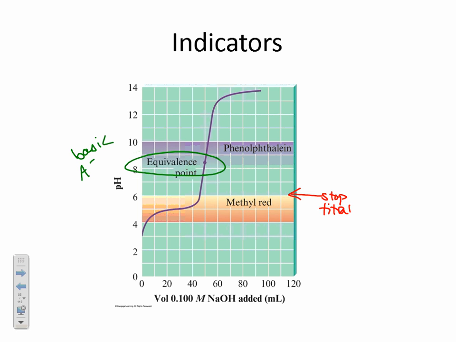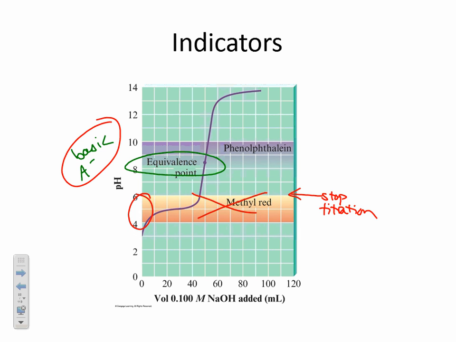and well, that's no good. You haven't even hit your equivalence point yet, right? Your indicator changes color, but you should not be done. So picking methyl red for this particular titration is a really bad idea because methyl red changes in the acidic range, and we need something that's going to be in the basic range. So methyl red is absolutely not a good indicator for this one.